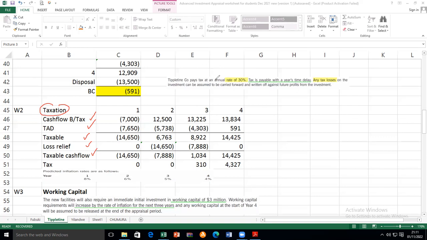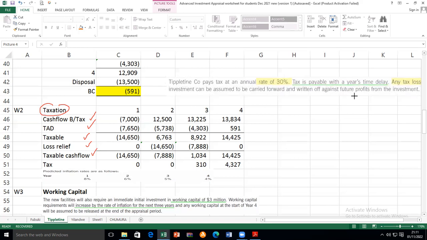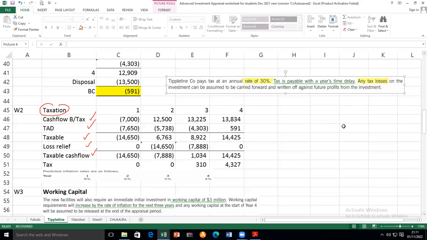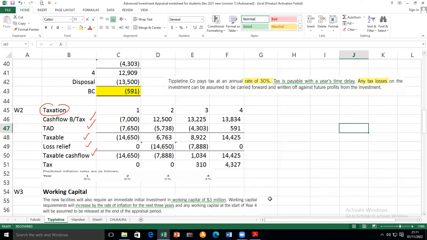The company pays tax at an annual rate of 30%. Tax is payable with a year's time delay. Any tax losses on the investment can be assumed to be carried forward or written off against future profits from the investments. So this is your working here. That's a good point there. I hope it's clear on your screen as well.